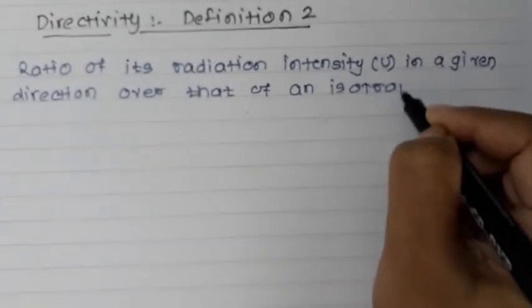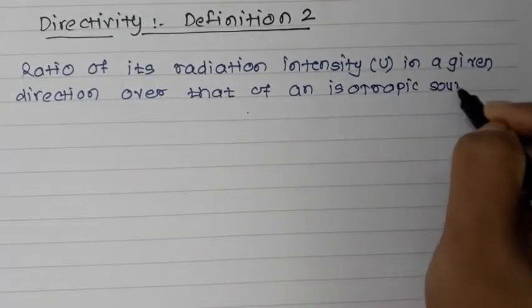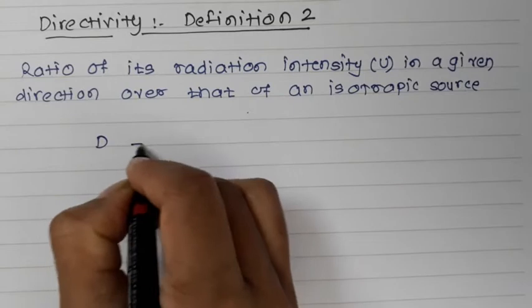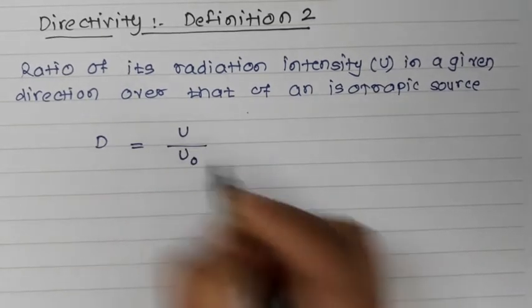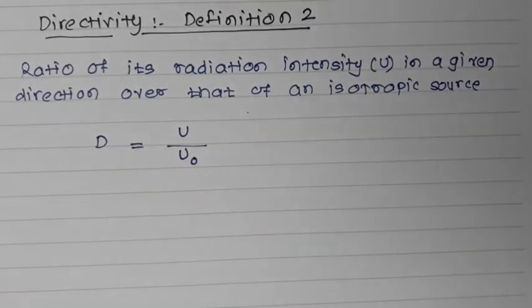Again this is a ratio, so mathematically D is equal to U by U0, and it is dimensionless.